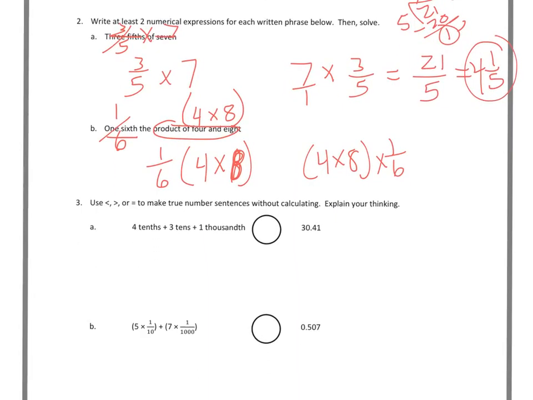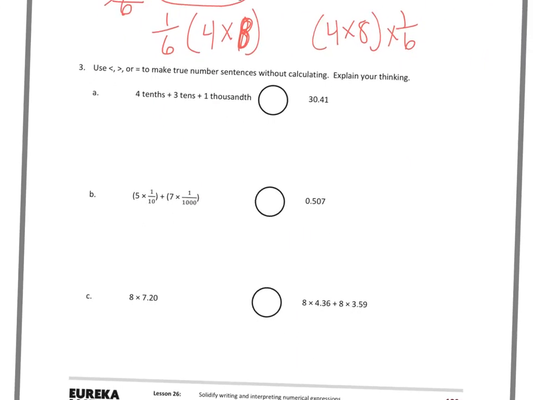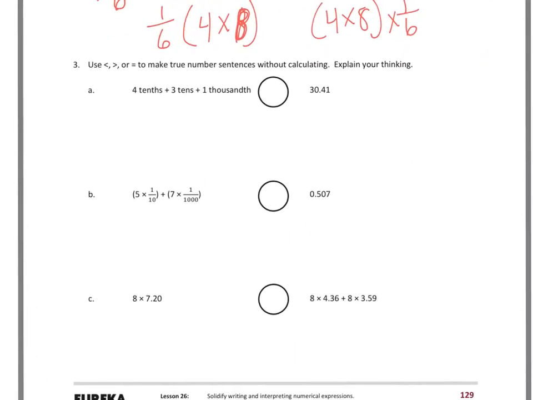If we take a look down at 3, I'll do 2 of these probably. Now, we have to put in our greater than, less than, or equal to make the statement true without calculating. So it doesn't want us to calculate these out.